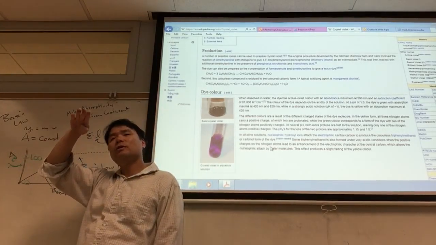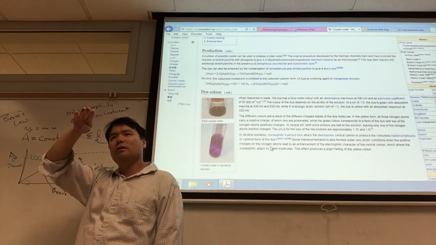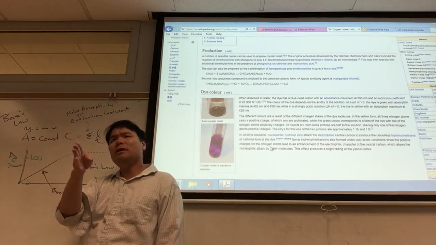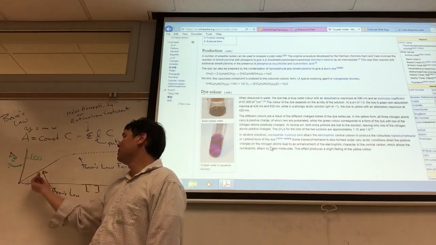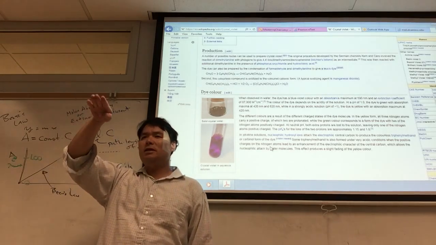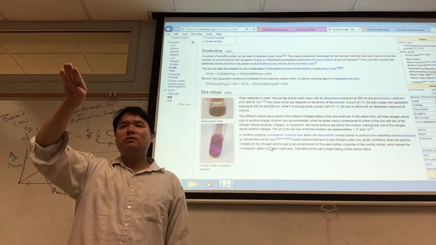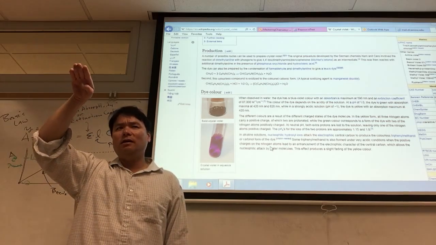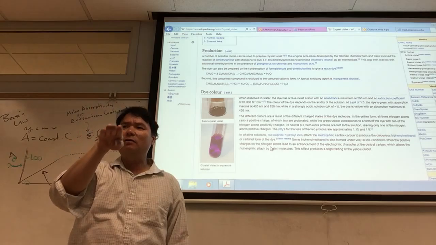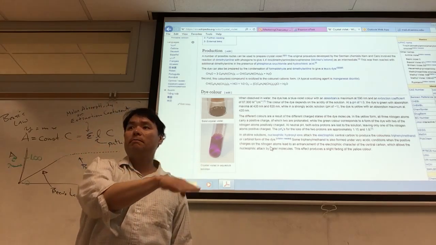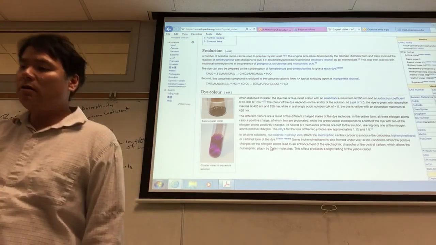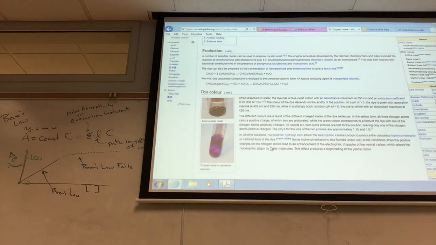And so what we're going to do is we're going to monitor the absorbance over time. So maybe at 1 minute or 30-second intervals, we'll take the absorbance reading. And what we're going to see is that the crystal violet concentration is going down. And so we should be able to see the absorbance readings go down over time. And so when we're looking at a plot of absorbances versus time, we're going to see something like this.